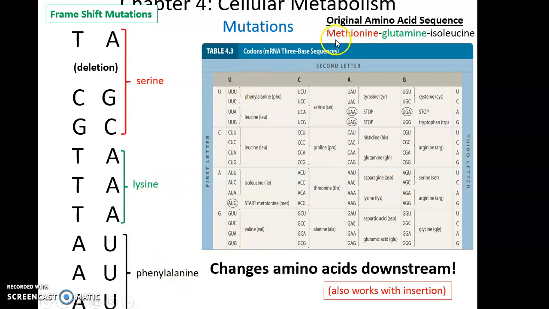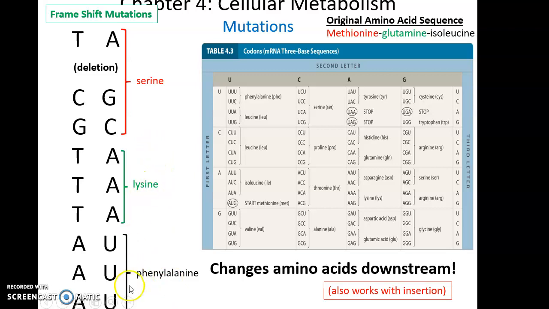Now we look, and in our original sequence we had methionine, glutamine, isoleucine. So look at that. All three amino acids are now different. With a frame shift mutation, not only do you change the sequence of the codon where the missing nucleotide would normally be, but it changes the sequence of all the rest of the messenger RNA.